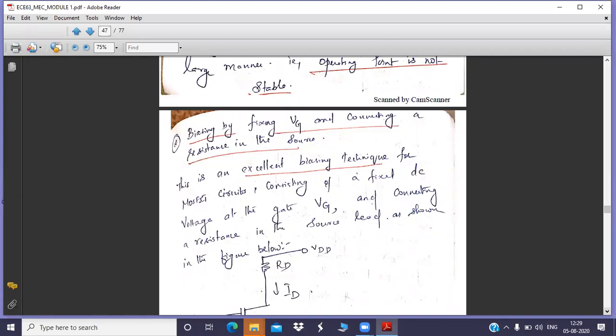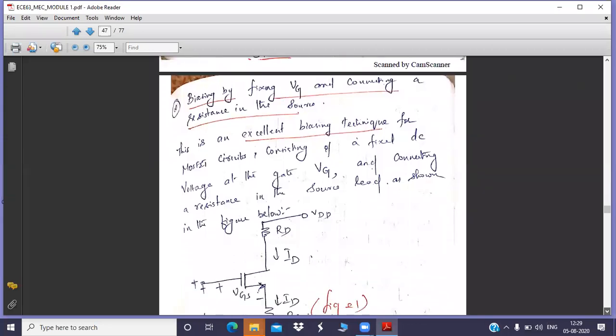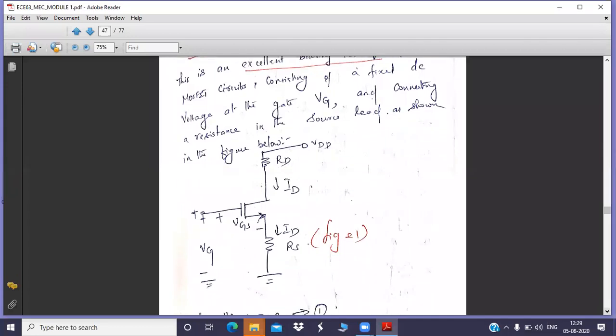So for that, I'm going for the second one. The second technique is biasing by fixing VG and connecting a resistance in the source. As you can see from the circuit diagram, instead of fixing VGS, we are fixing VG here by adding a resistance RS.